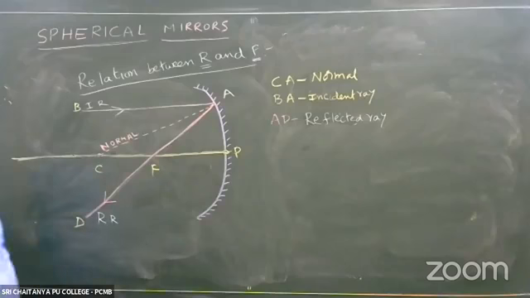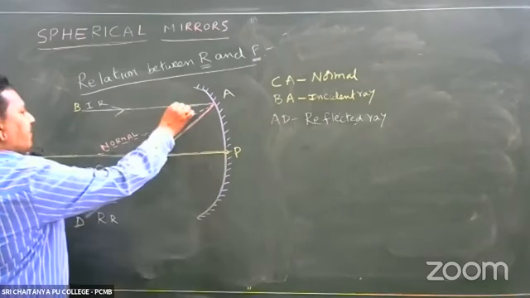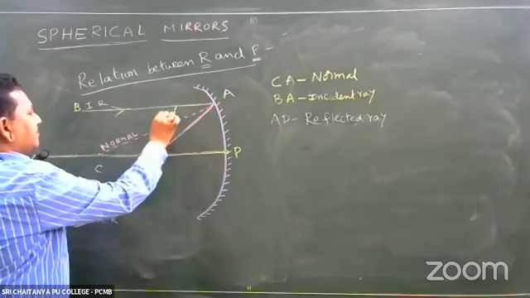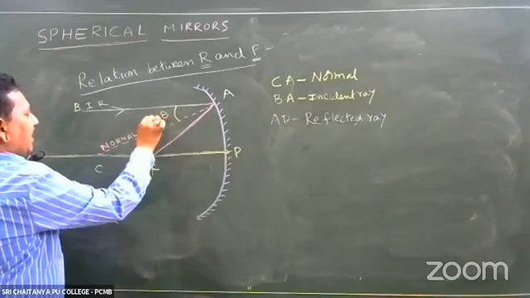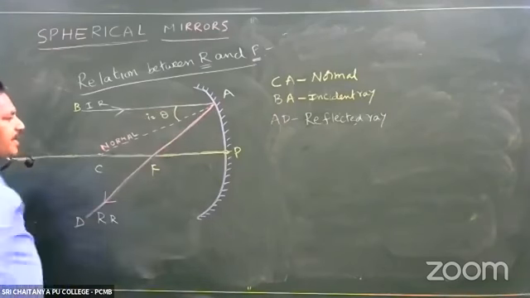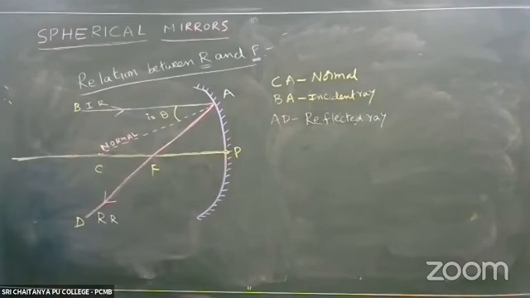But I know the law of reflection is applicable both for the plane mirror and also the spherical mirrors. The angle of incidence, the angle between the normal and the incident ray, let it be theta.